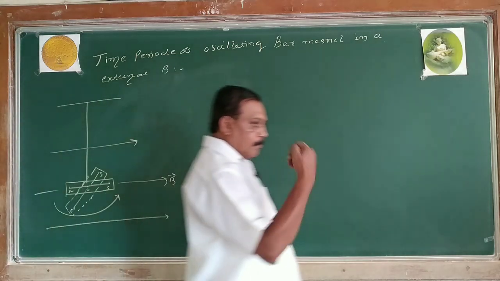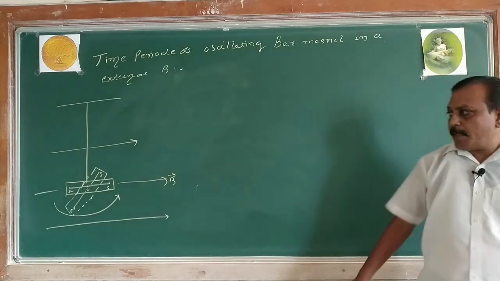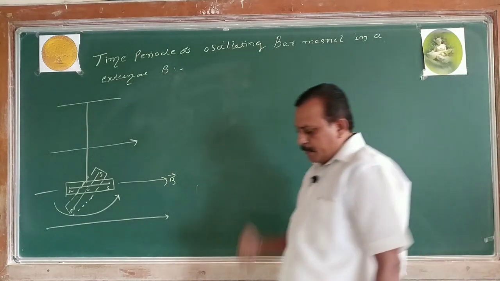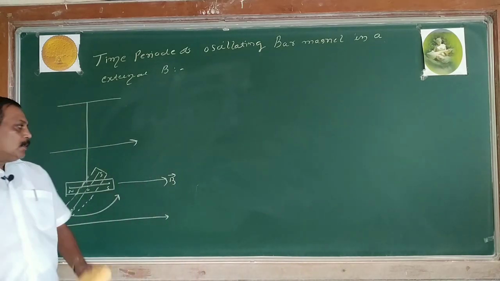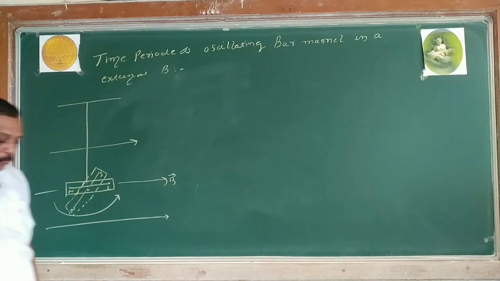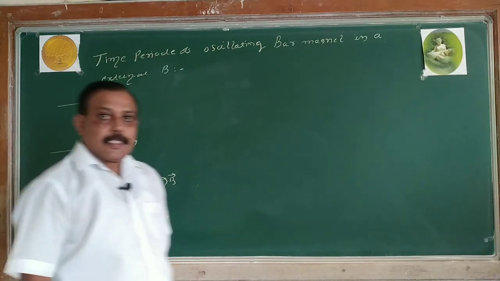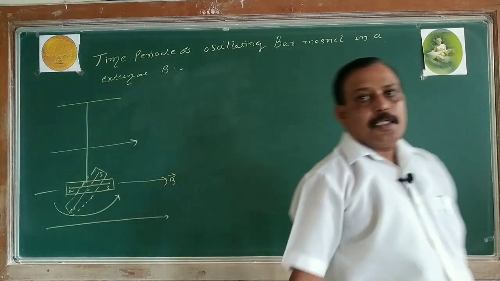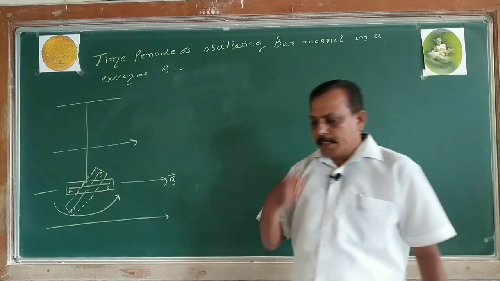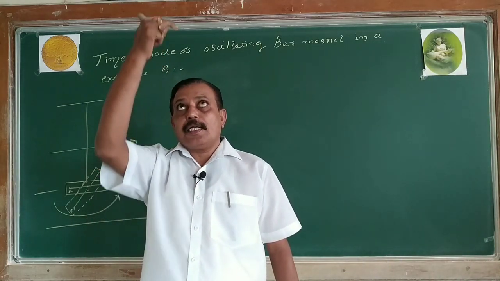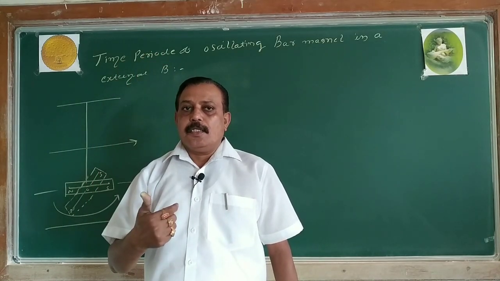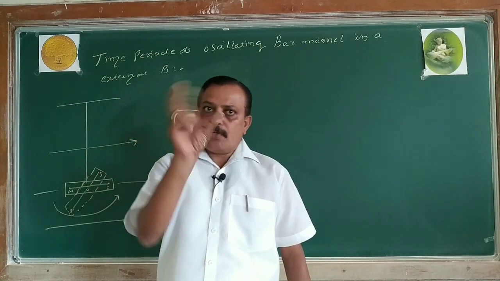When the bar magnet is suspended in the region of an external magnetic field, it oscillates about its axis with angular velocity omega. When it oscillates, it experiences a torque. There are two torques. One is the deflecting torque. Another one is due to the deflection: a torsion is created in the suspension. With the release of that torsion, it rotates again.